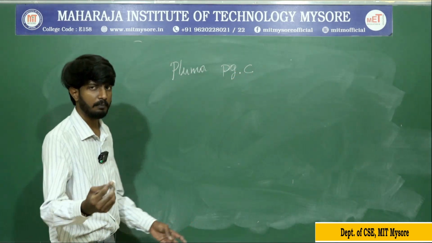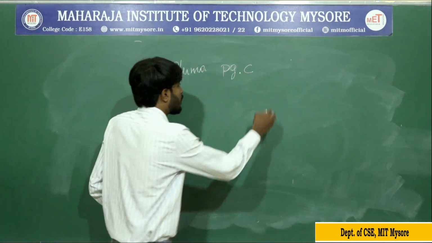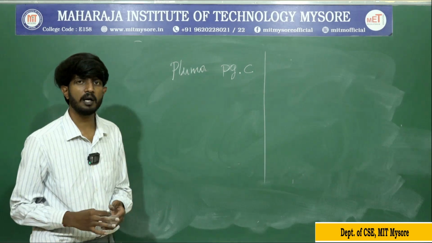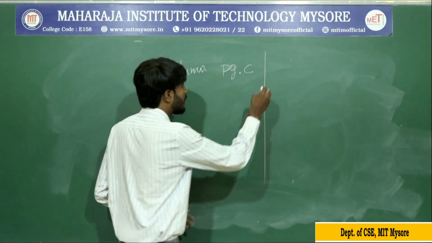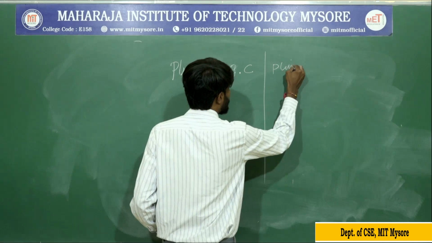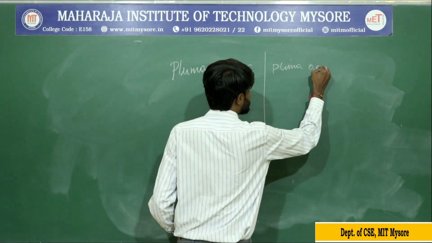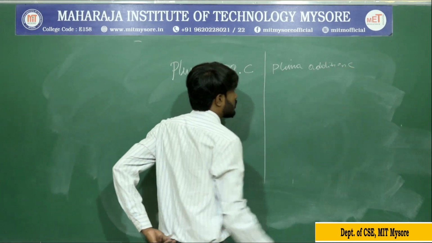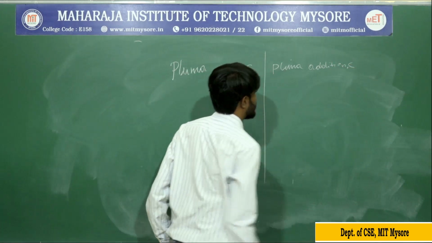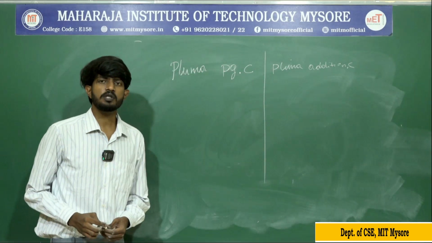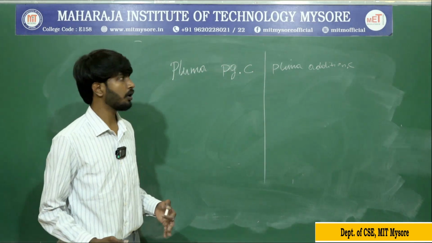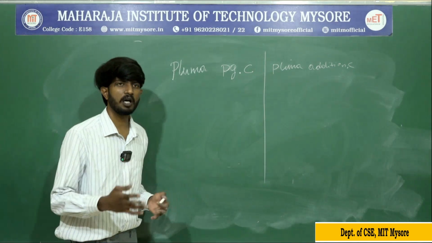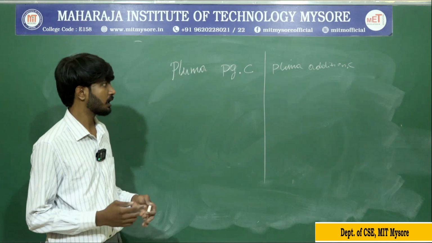If I need to write a program to add two numbers, I will create pluma addition.c. So if another person sees this file, they can understand this program is for addition of numbers.